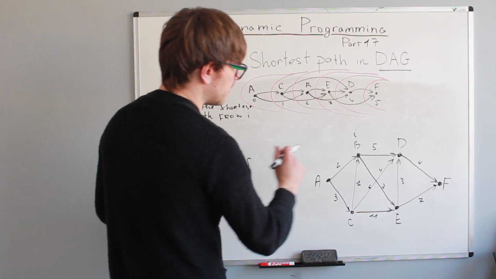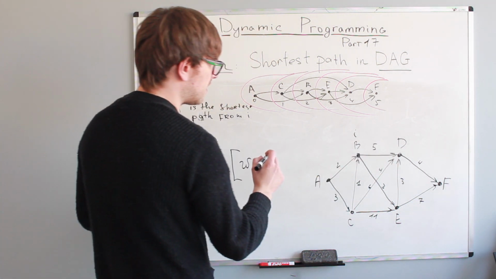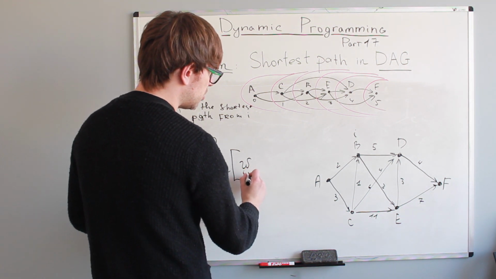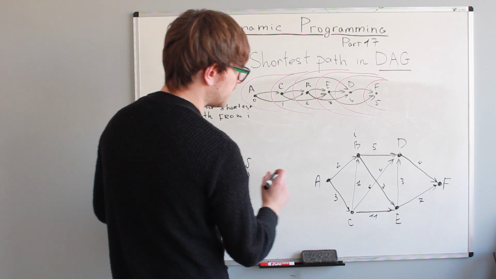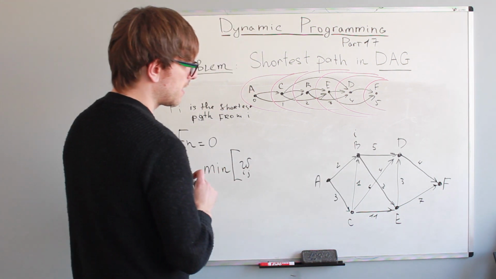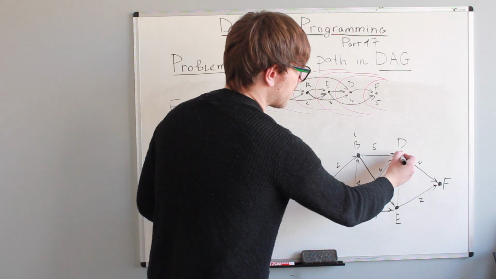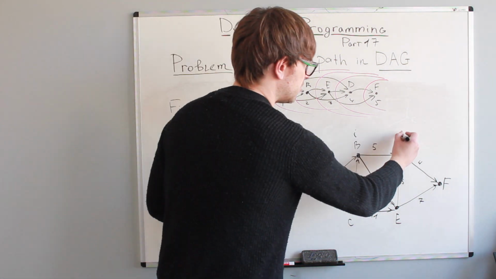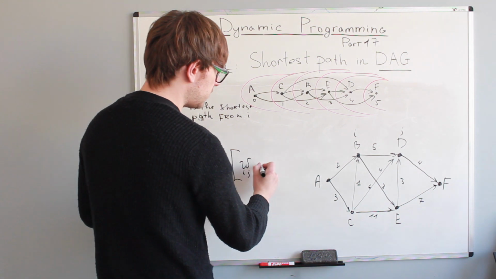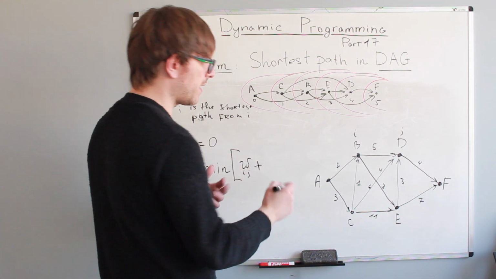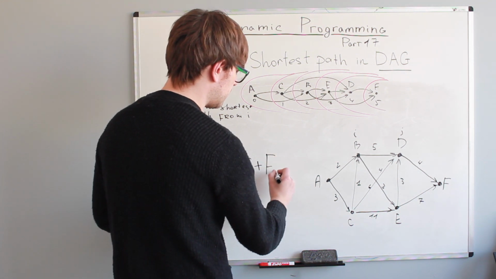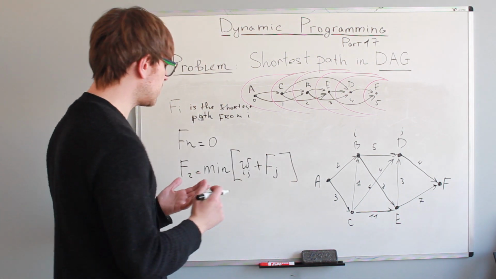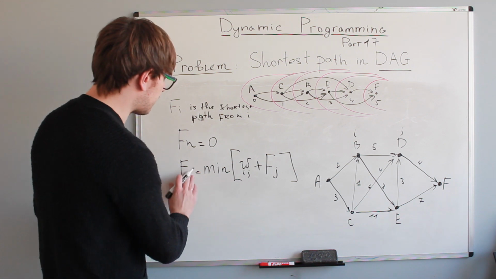So if we go to D, then we have to pay omega of ij, right? And this is going to be 5. But then we will arrive here, and it's not F yet, right? So it's j. We'll still have to pay f of j, right? And that's pretty much it. This is our formula. Well, this is f of i, not f of 2.